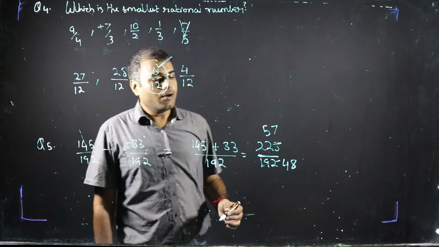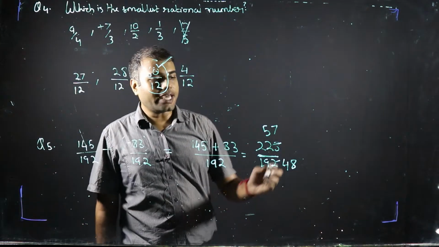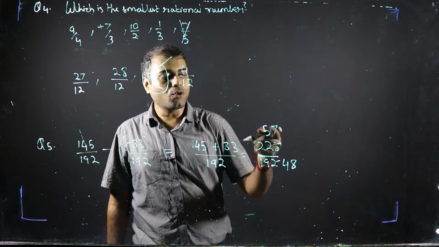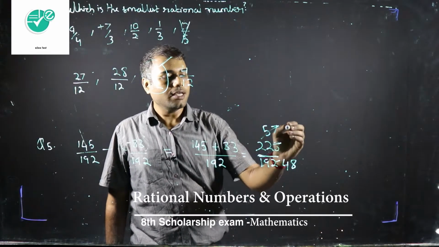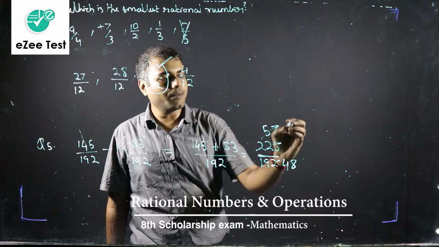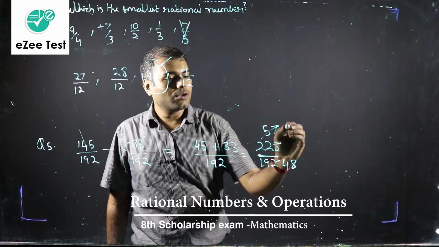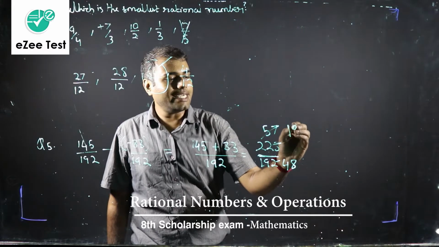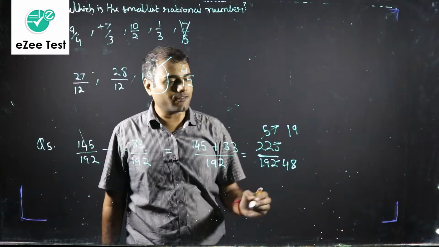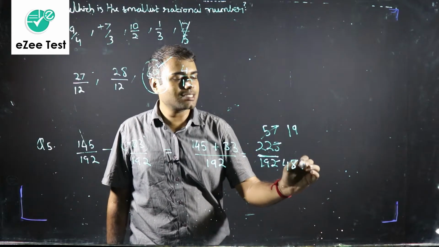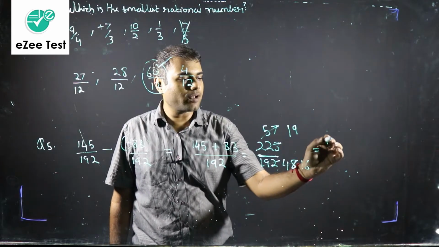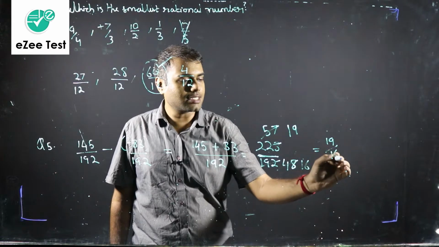Now 57 by 48, can we further simplify it? Yes, both are multiples of 3. So 57, if we cut it by 3, it will become 19, because 19 into 3 is 57. And 48, if we cut it by 3, it will become 16. So our final answer will be 19 divided by 16.